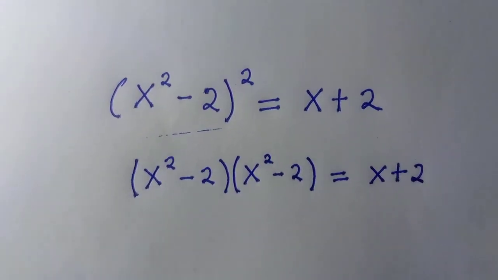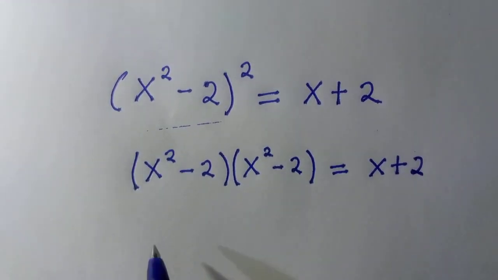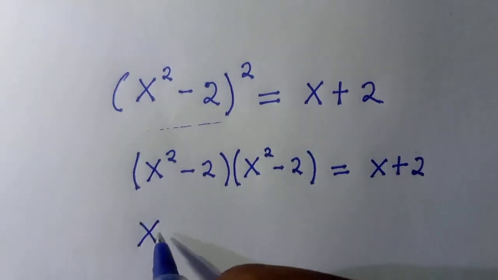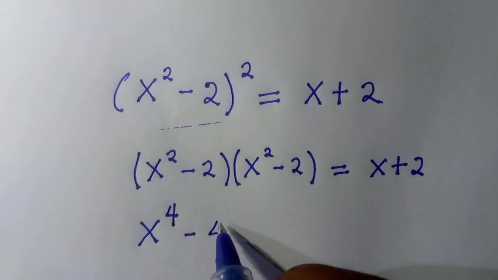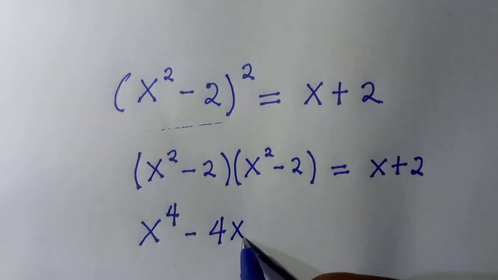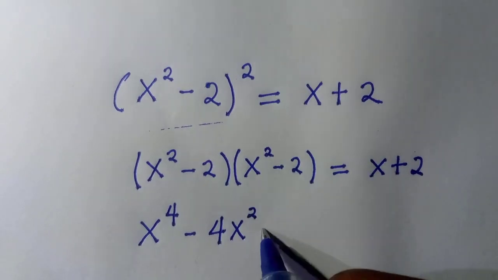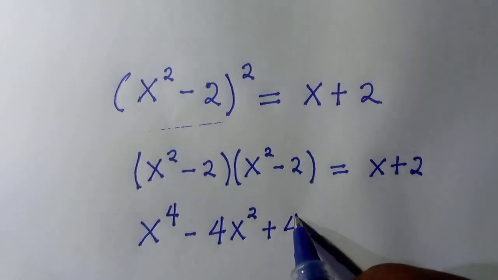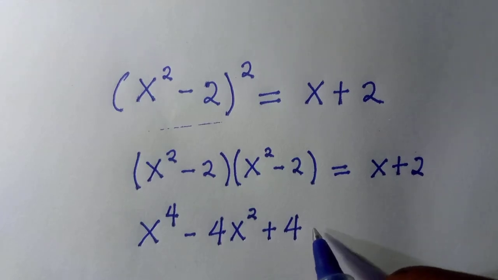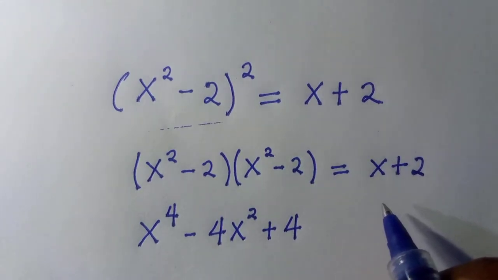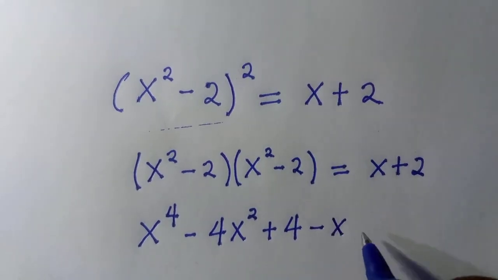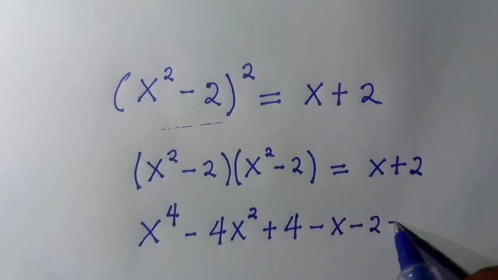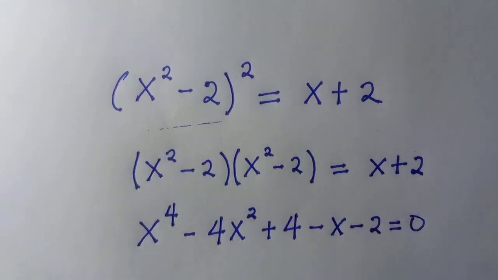So if we try to expand this, what we are going to have here is x⁴ − 4x² + 4. Then by collecting x + 2 to this side, we have −x − 2 = 0.